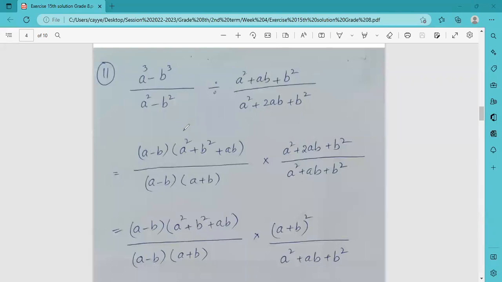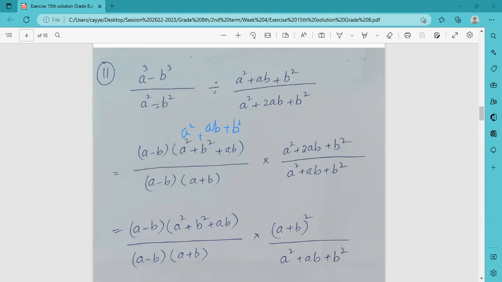That is a square plus ab plus b square. So I feel that at this stage you understand these things clearly. There is no need to explain again and again.